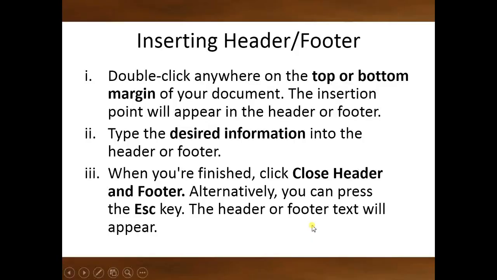How do we go about it? Step 1 tells us to double click anywhere on the top or bottom margin of your document. The insertion point will appear in the header or footer once you double click there.